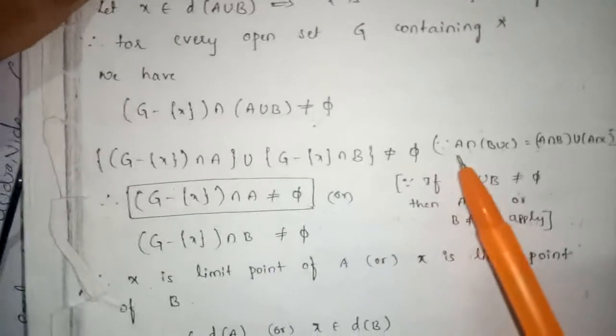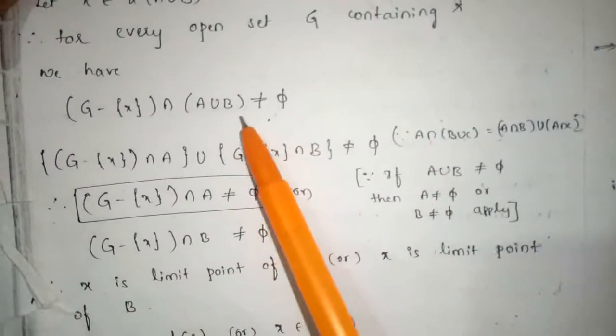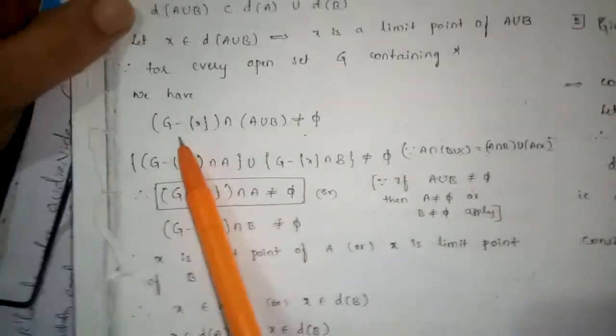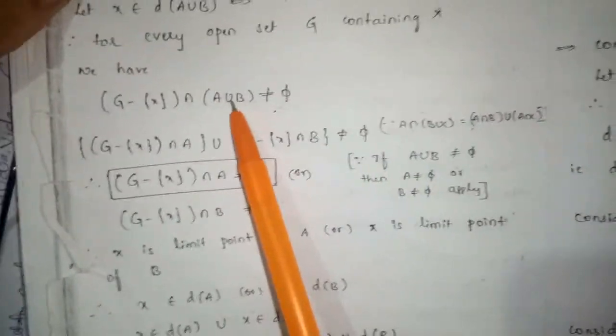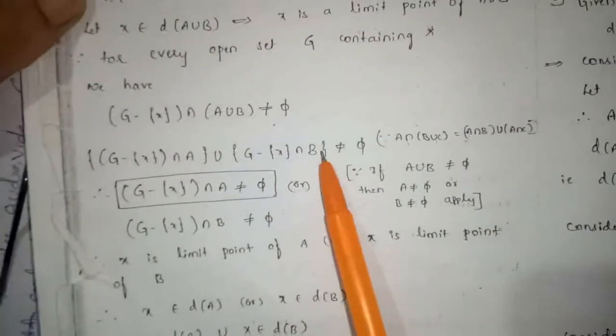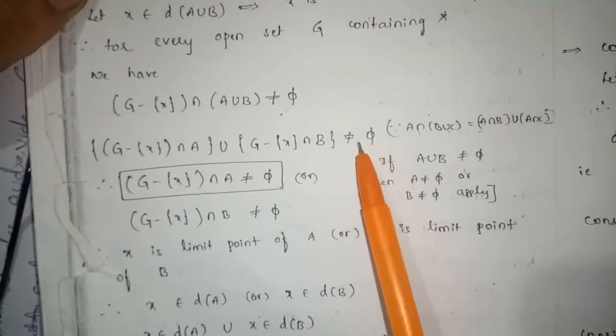You know the distributive law, A intersection B union C is equal to A intersection B union A intersection C. By using that concept, it can be written as G minus X intersection A union G minus X intersection B is not equal to phi.